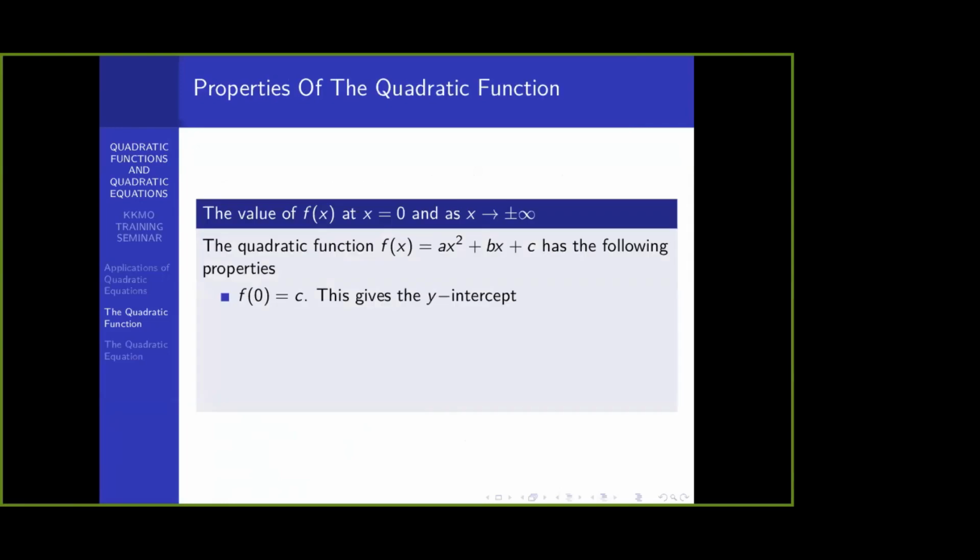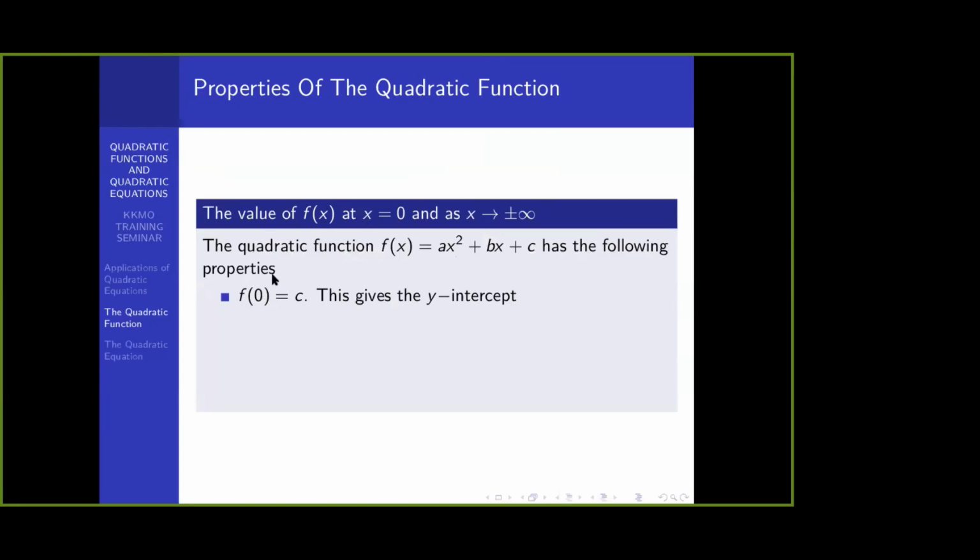So we're now going to look at the value of the quadratic function at the point x equal to 0. And also we consider what happens to the function when x becomes either large and positive or large and negative. Clearly, if you substitute the value 0 for x, the first two terms will vanish, and we'll just be left with c.